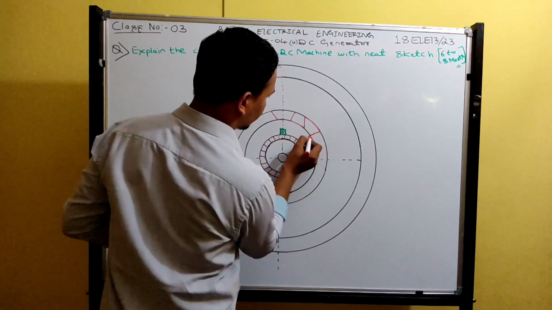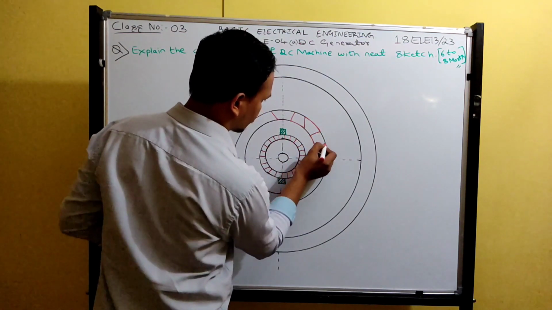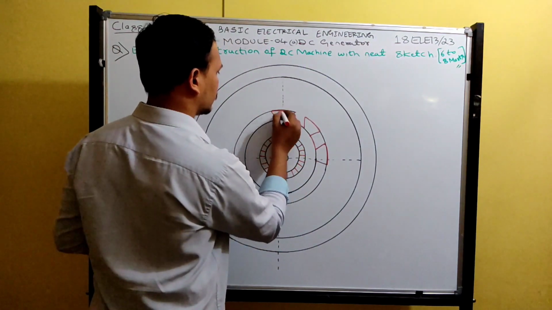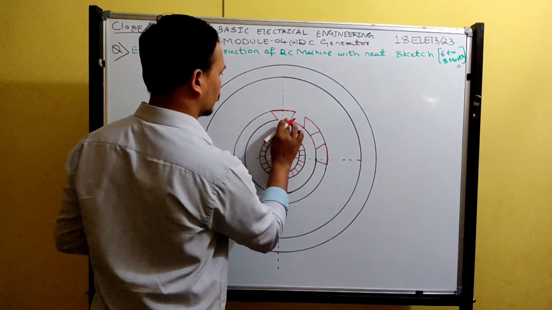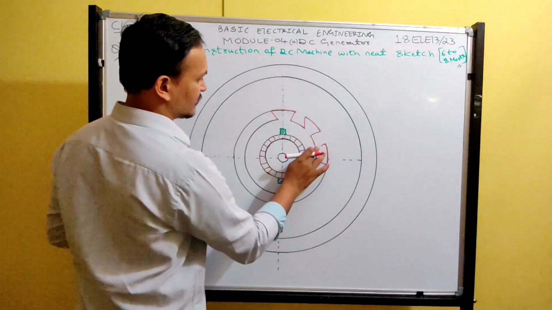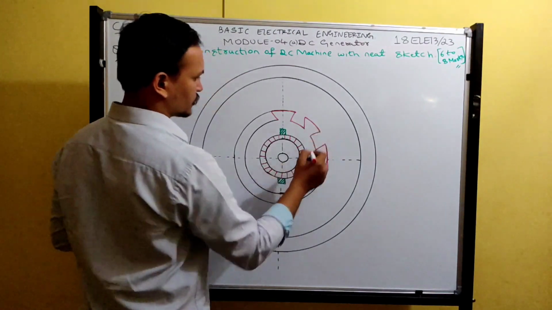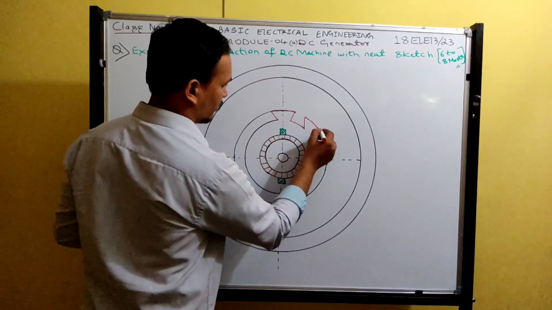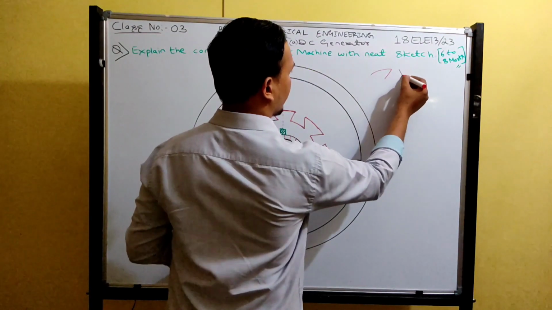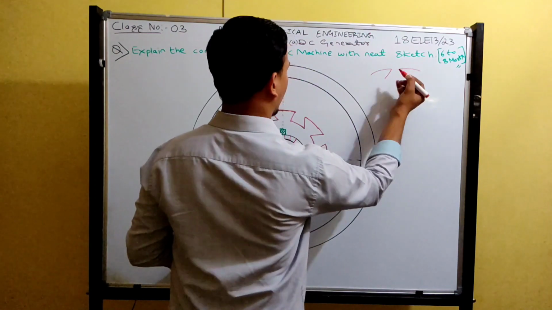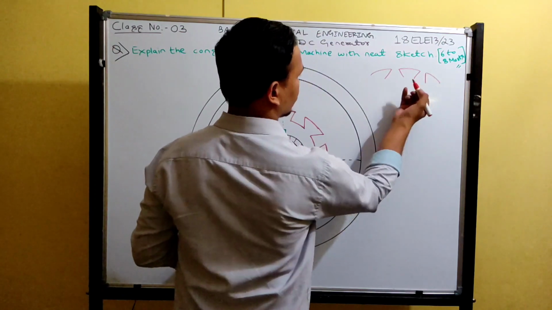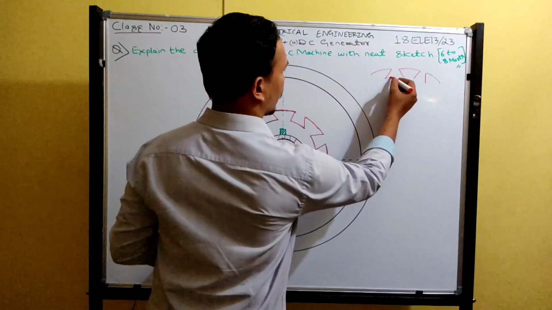Draw the wedge shaped armature slots. Like this you draw. Understood how I'm drawing? You should draw the wedge shaped slot like this, and join this side.